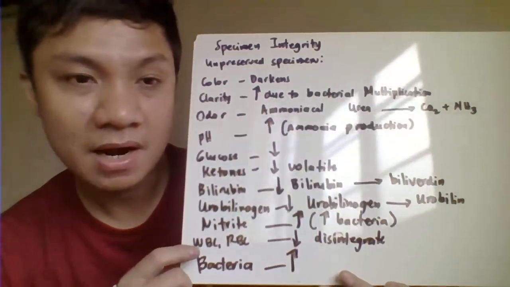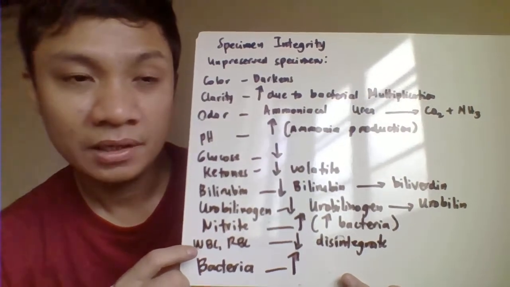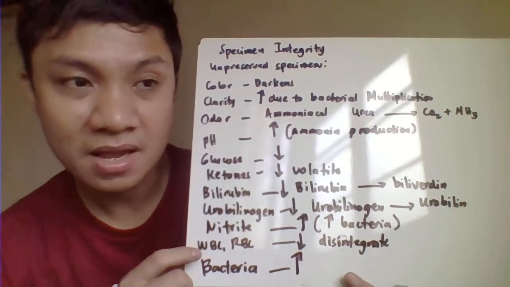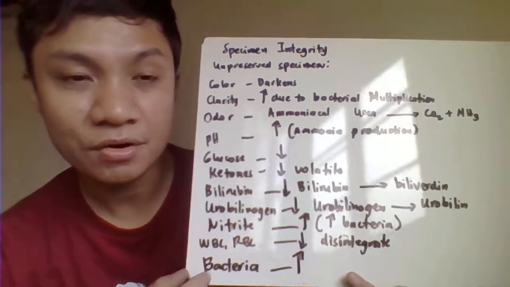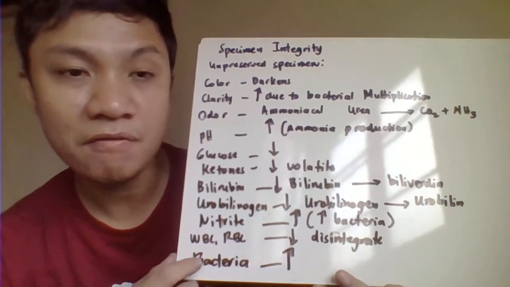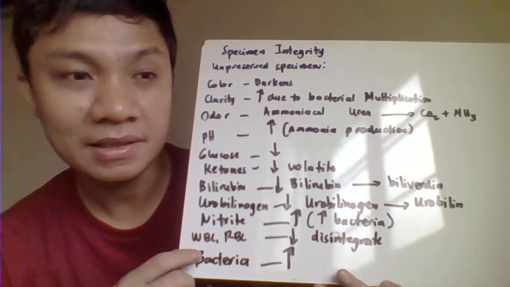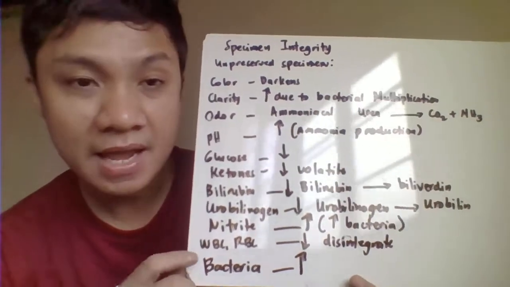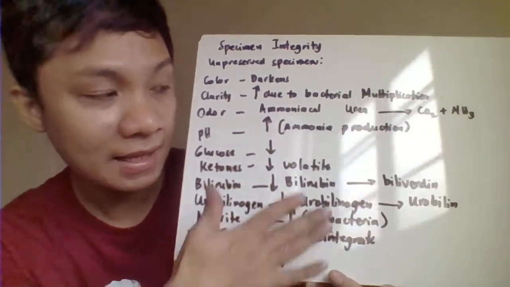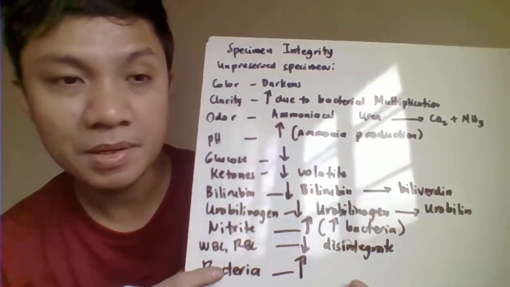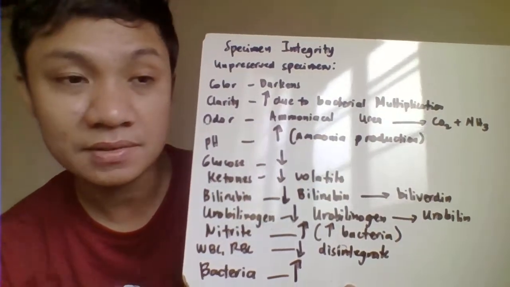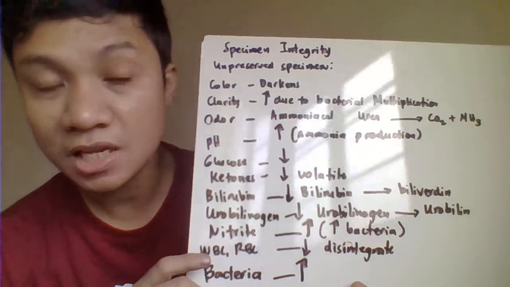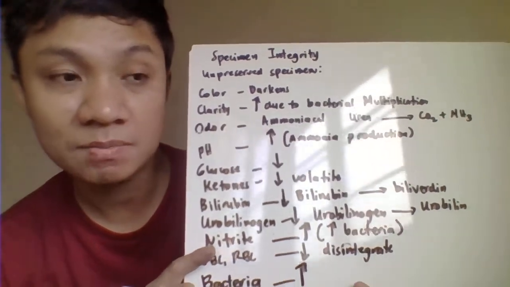Your WBCs and RBCs will eventually be destroyed, the cellular structure of your RBC and WBC. And therefore, wala ka nang makikita pag sobrang tagal na ng ating specimen na hindi siya na-preserve. And bacteria, so of course, ito may kasalanan ng lahat ng changes. That would increase because of the bacterial multiplication since hindi siya naka-preserve ang specimen natin.